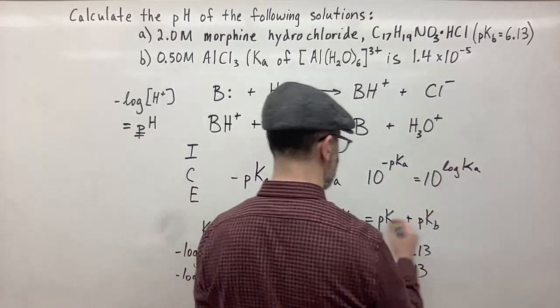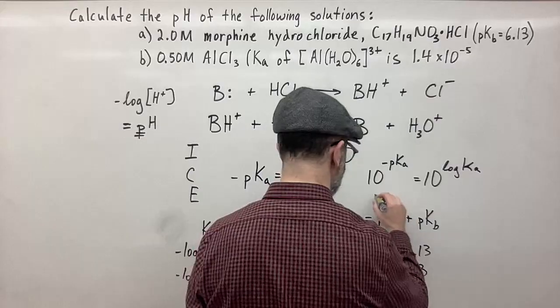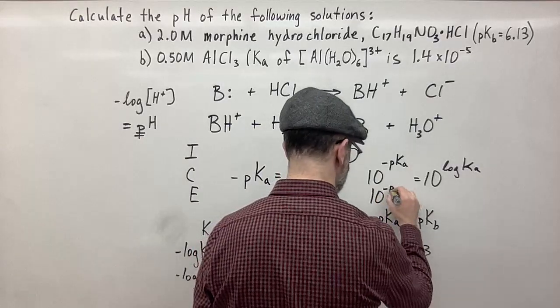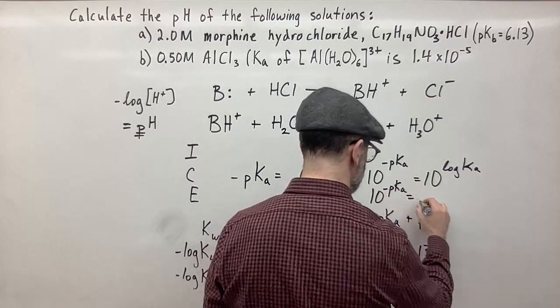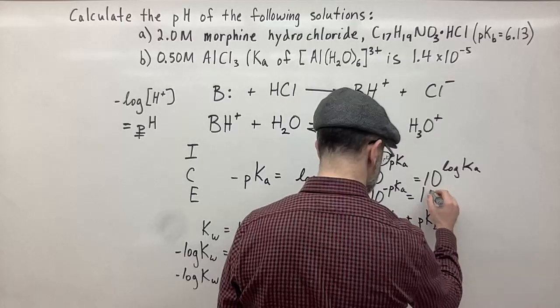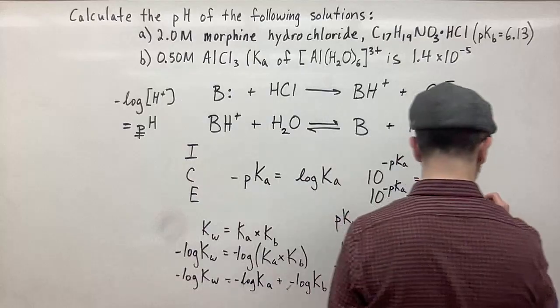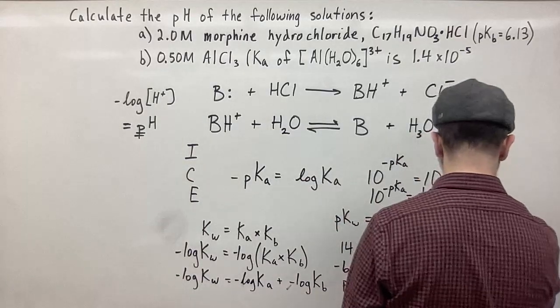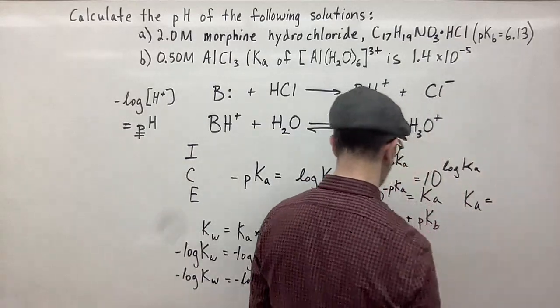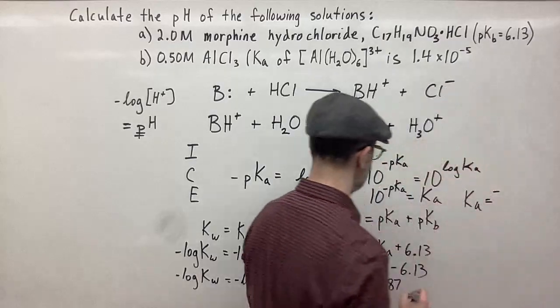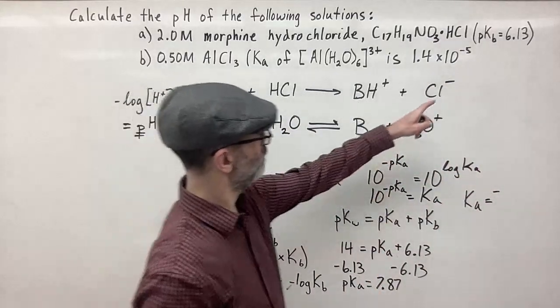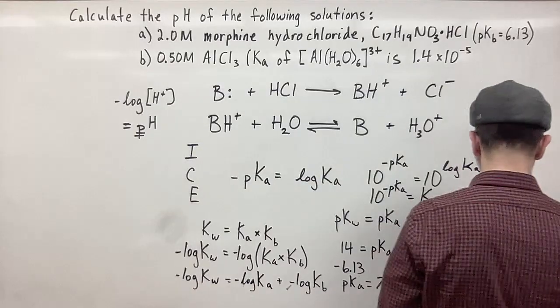So that means 10 to the negative pKa is equal to Ka. And so all I have to do is find this value. So I have Ka is equal to 10 to the negative of the pKa, which is 6.13.